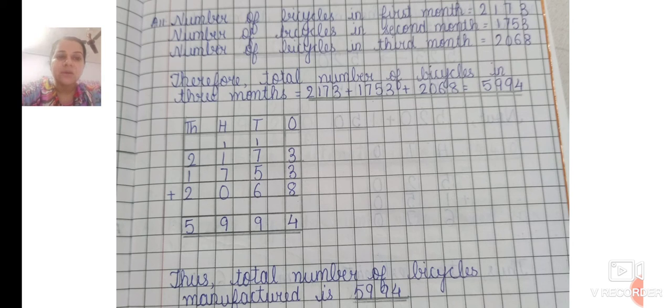You will add all the three numbers. You have to arrange the numbers in the correct columns and you will add. When you add, you get the total 5,994. So you will write thus total number of bicycles manufactured in all the 3 months is 5,994.